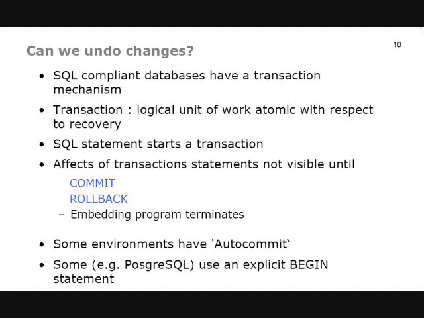Now, generally speaking, when you start an SQL statement, it begins a transaction automatically, and when it finishes executing, it commits the transaction. But you can take control of transactions. If you specify begin at the beginning of the transaction, then you take control of it, and it won't commit until you specify a commit statement.